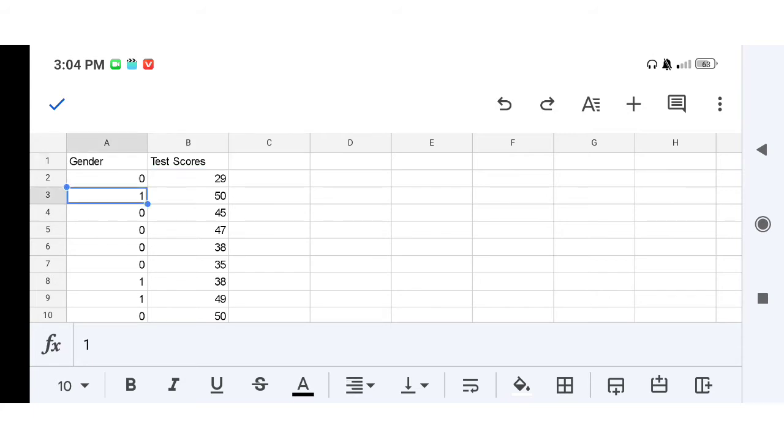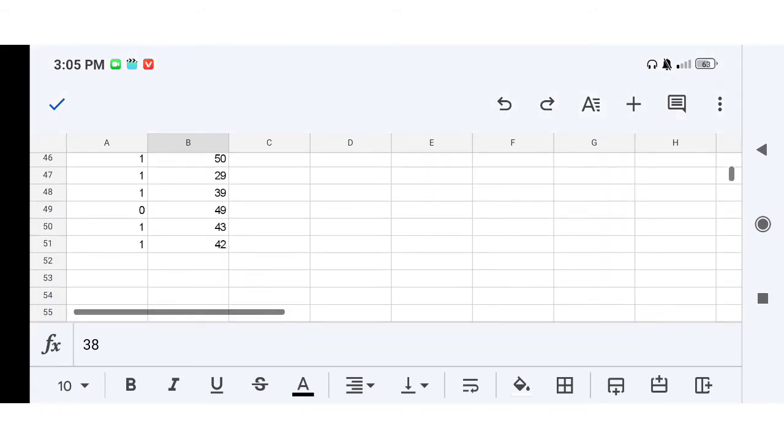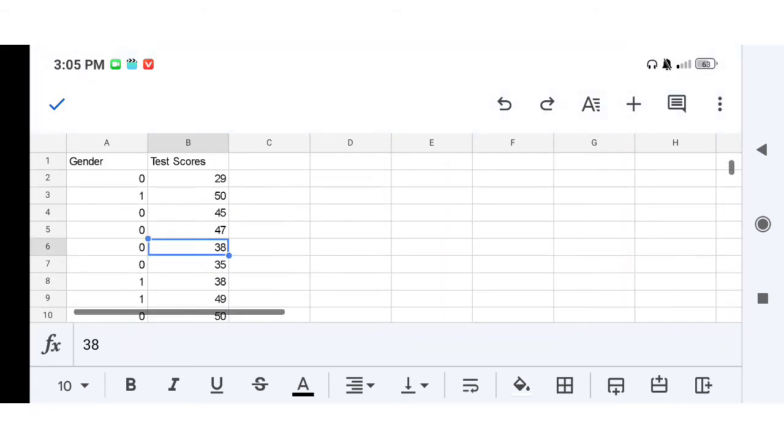Respondent 1, male, 0, got 29 out of 50. Respondent 2, female, which is 1, got a perfect score. Respondent 3, male, got 45. Respondent 4, male, got 47, and so on and so forth. So we have here 50 sample data.